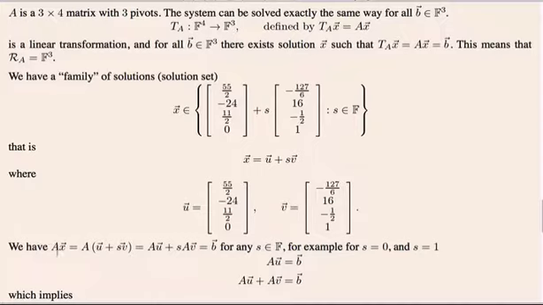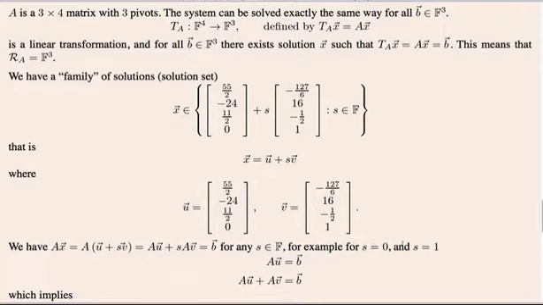Then notice that the Ax solution is just A times (u plus sv), and since matrix multiplication has this distributive property, we can write this as A times u plus A times sv, and then this s scalar multiplication can also be brought outside. So we have A times u plus s times Av equals the b vector. And this holds for any s scalar.